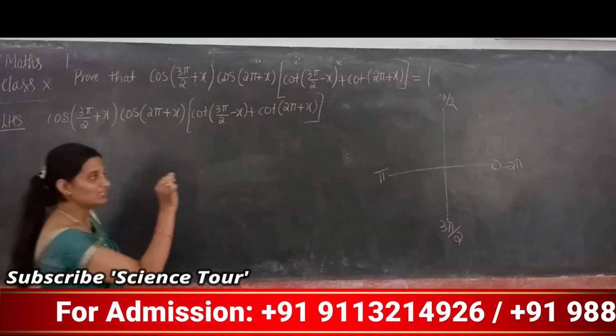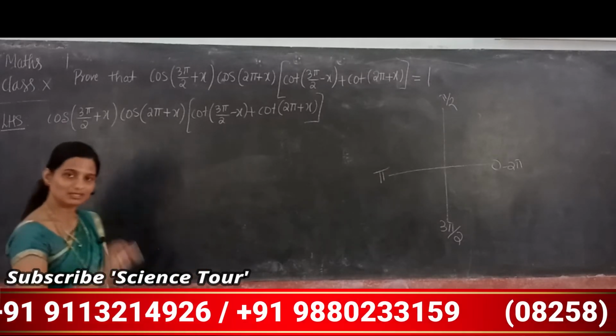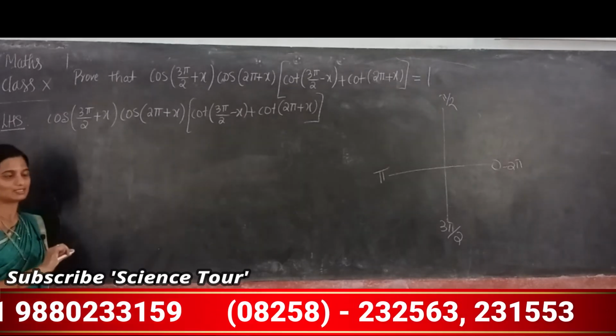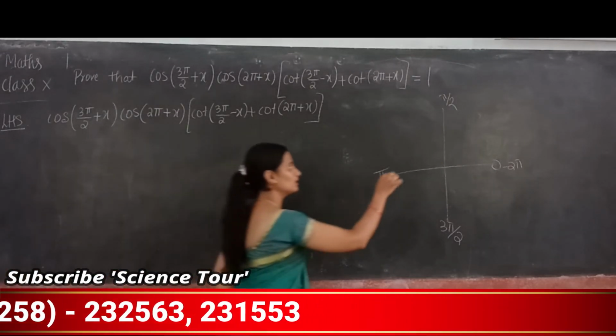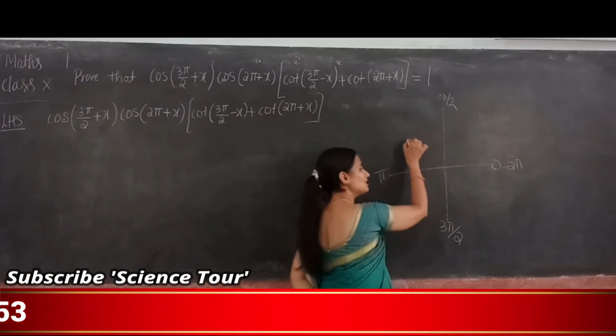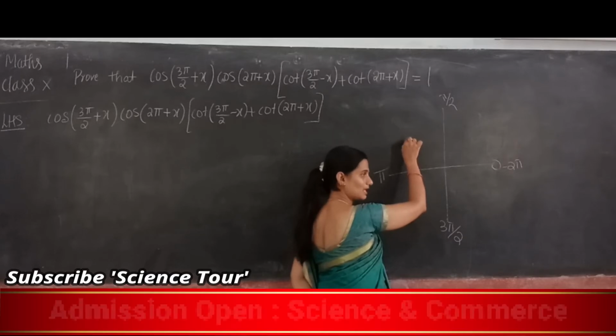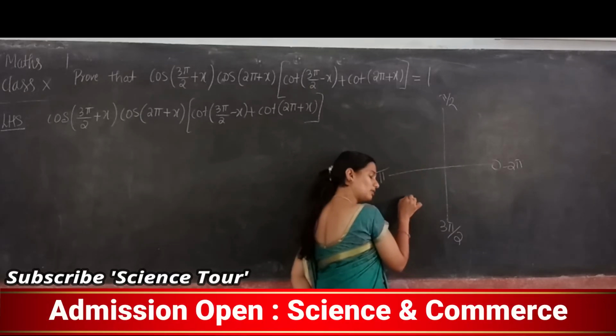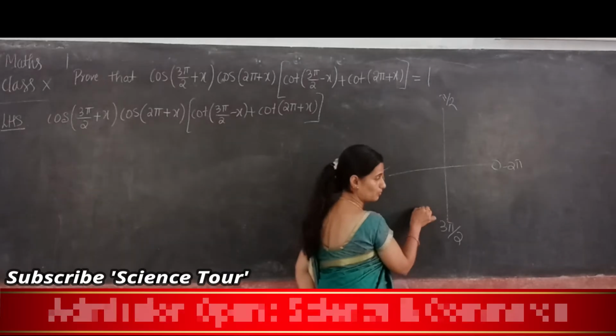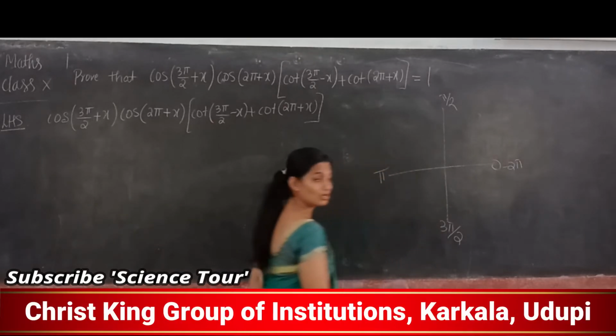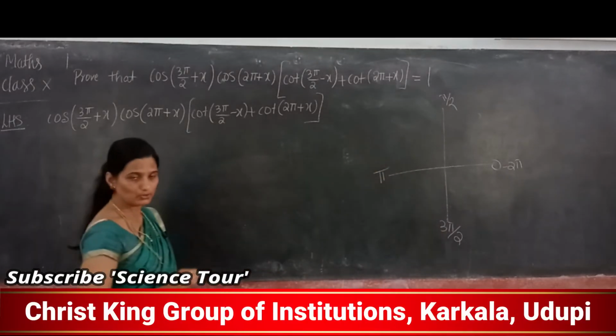If it is π or 2π, the trigonometric functions remain as they are. In the first quadrant all functions are positive, in the second quadrant sine is positive, in the third quadrant tan and cot are positive, and in the fourth, cos and secant are positive. You know this, right?